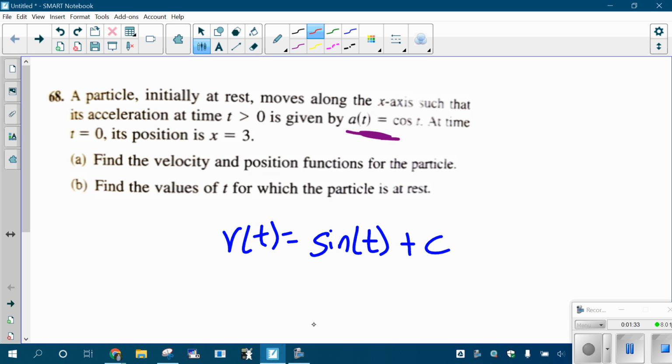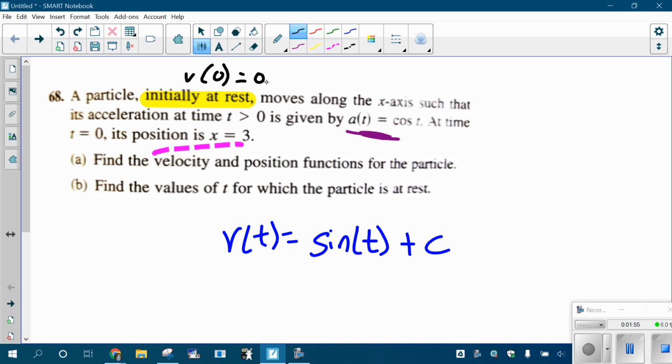They give me that at t equals 0, the position is 3. They don't tell me any point for the velocity. They actually do, it's just kind of hidden. They tell you the particle is initially at rest. What that means is v of 0 equals 0.